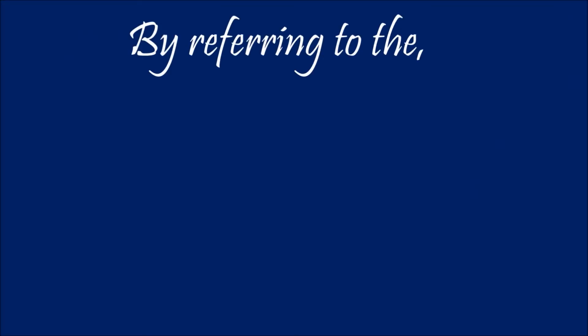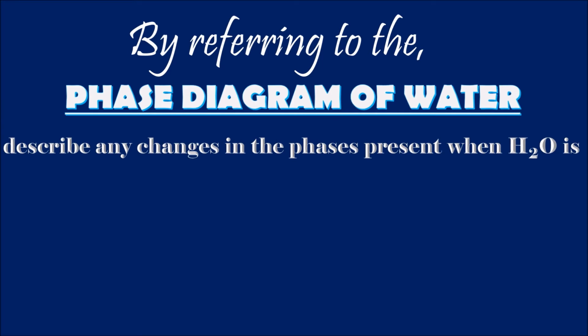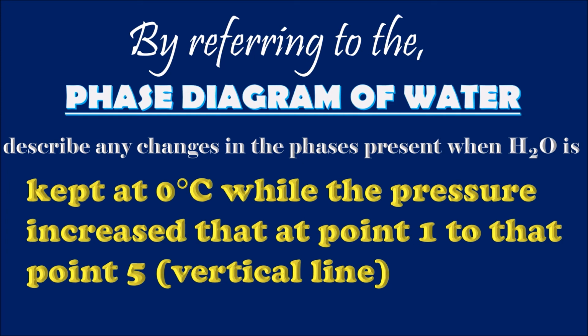By referring to the phase diagram of water, describe any changes in the phase present when water is kept at 0 degrees Celsius while the pressure increases from point 1 to point 5, the vertical line.